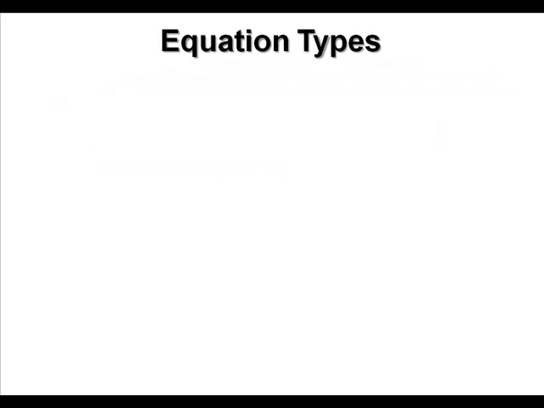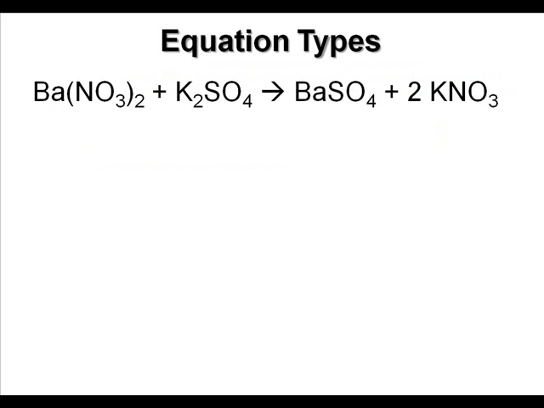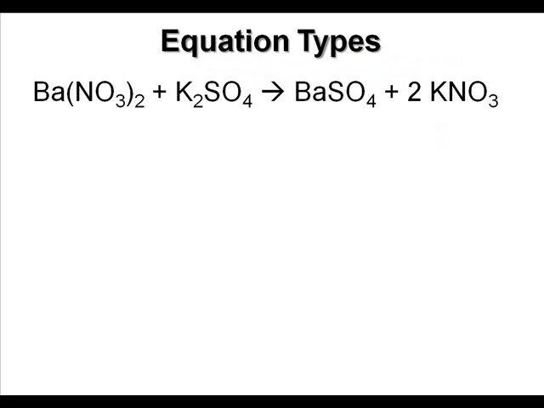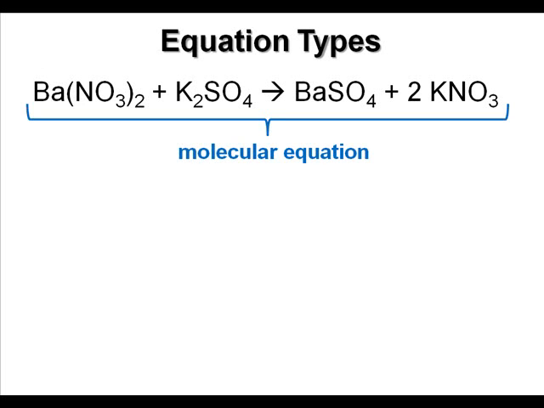You've got barium nitrate reacting with potassium sulfate to produce barium sulfate and potassium nitrate. Whoops, my bad. Now the mistake actually shows up here. We never identified what is aqueous and what is the solid precipitate, and you would normally need to. This one did not. But that is the molecular equation.